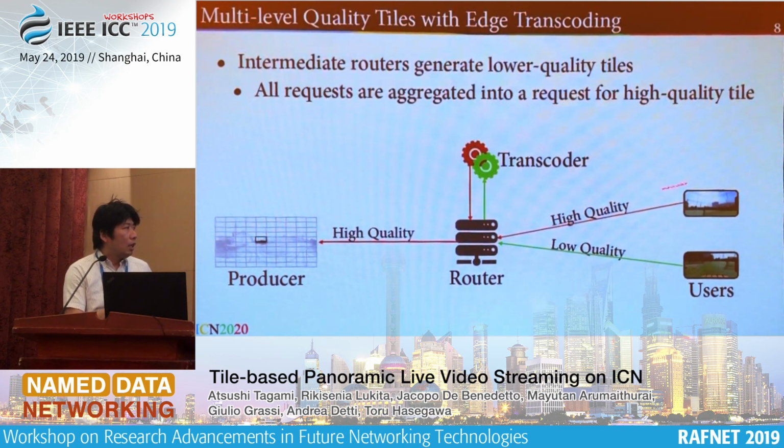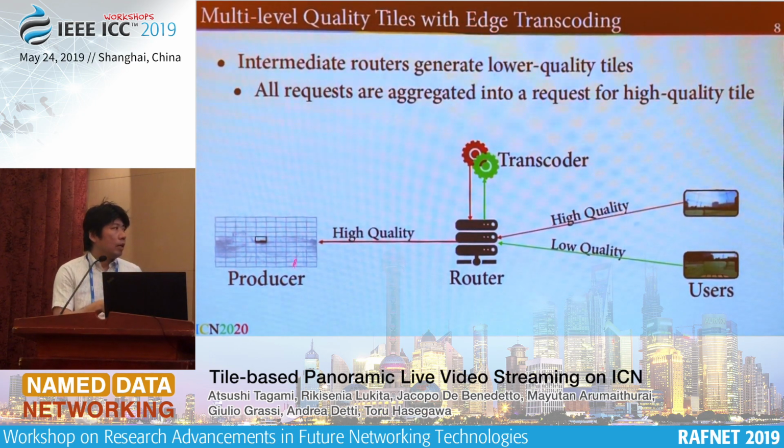In this case, the router requests only the high quality tile and receives it, then transcodes the high quality tile to the low quality tile and sends it back to the users. In this case, we can reduce the access network traffic and core network traffic.